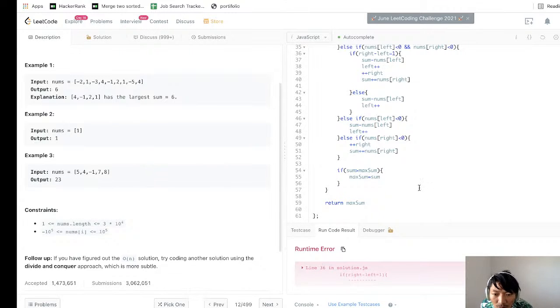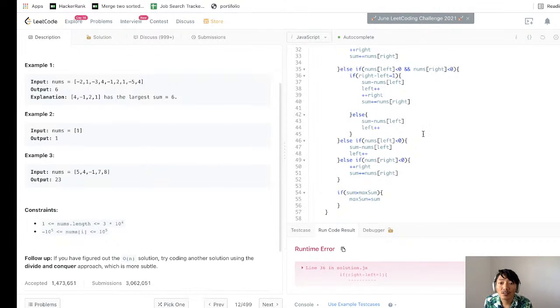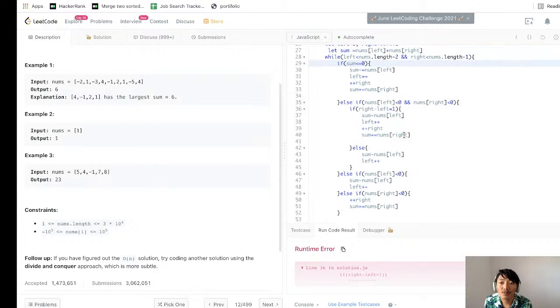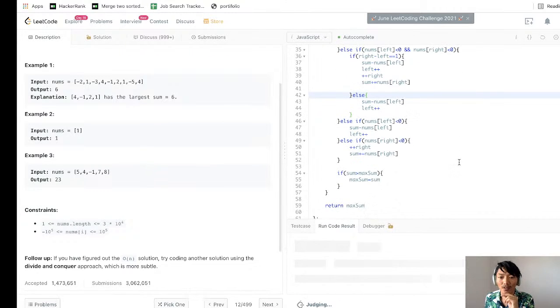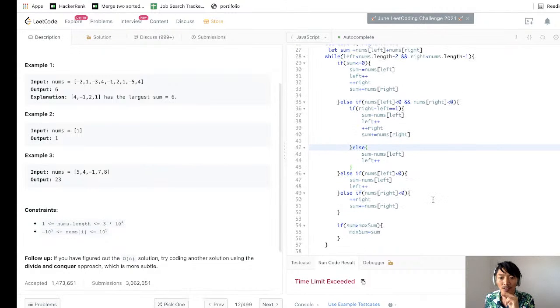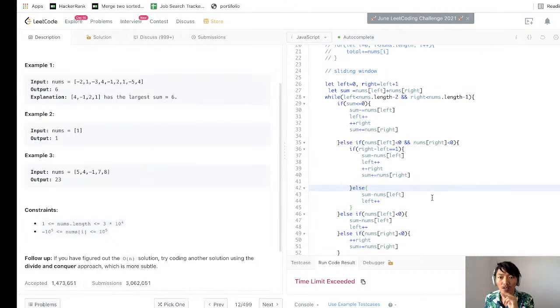The minus equals 1, where is that? So we need to fix that too. Oh, so many silly mistakes. Okay, so it is running forever. Oh no, how did this happen? Time limit exceeded.